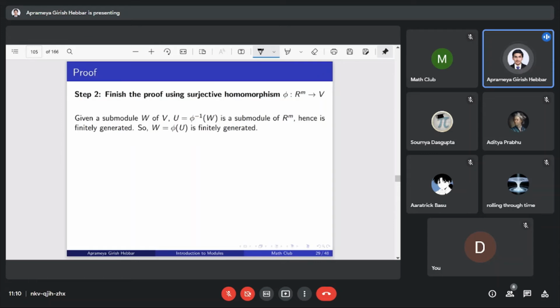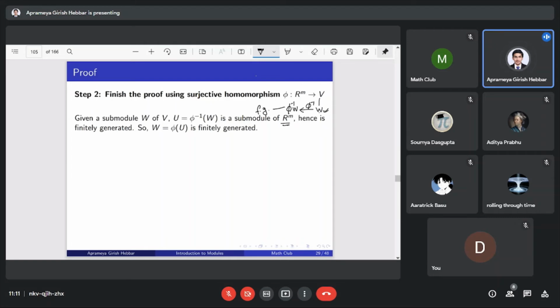Given a submodule W, we have phi inverse of W, which is also a submodule of R^m. So since this is a submodule of R^m, it is finitely generated.